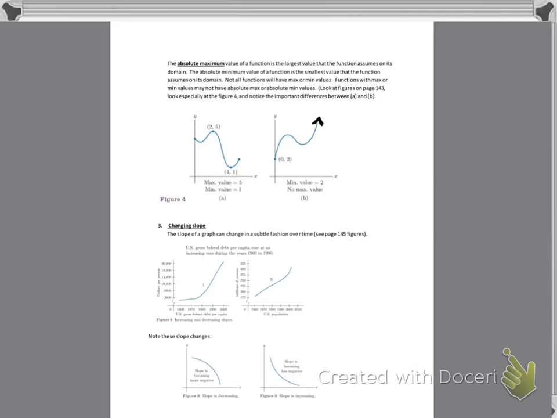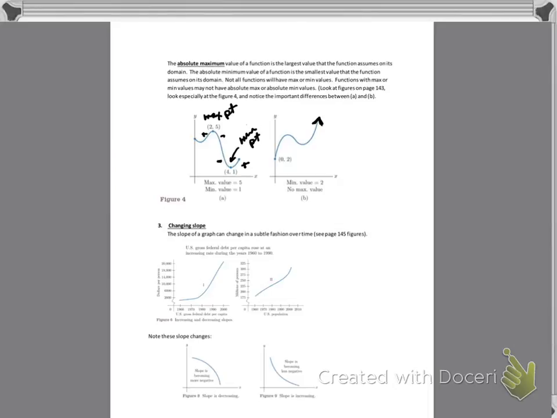I see that since my function has a positive slope here and a negative slope here, I have a max point at 2, 5. Since my slope is negative here and positive here, I have a min point at 4, 1.